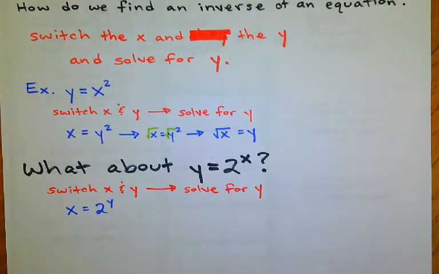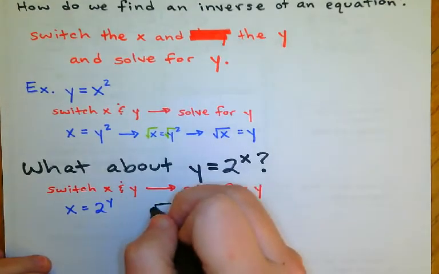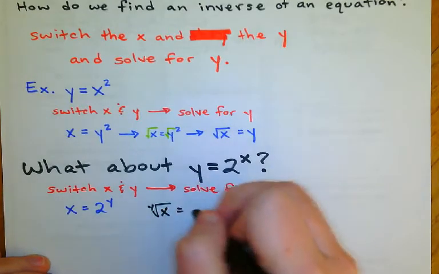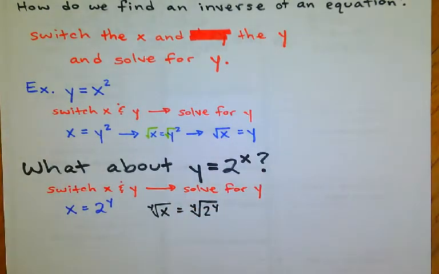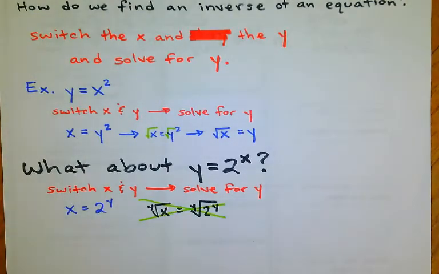Because we can't take the square root or the y root on both sides, because there's no such thing as that. We have to use a new type of function, which is called a logarithm, in order to find our inverse here. Alright, so here's where we get into logs.